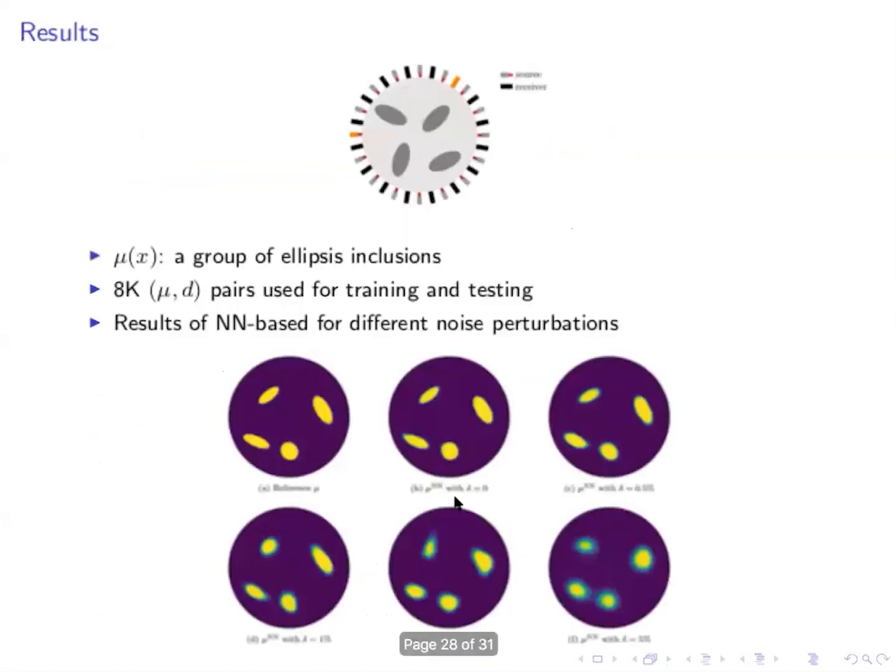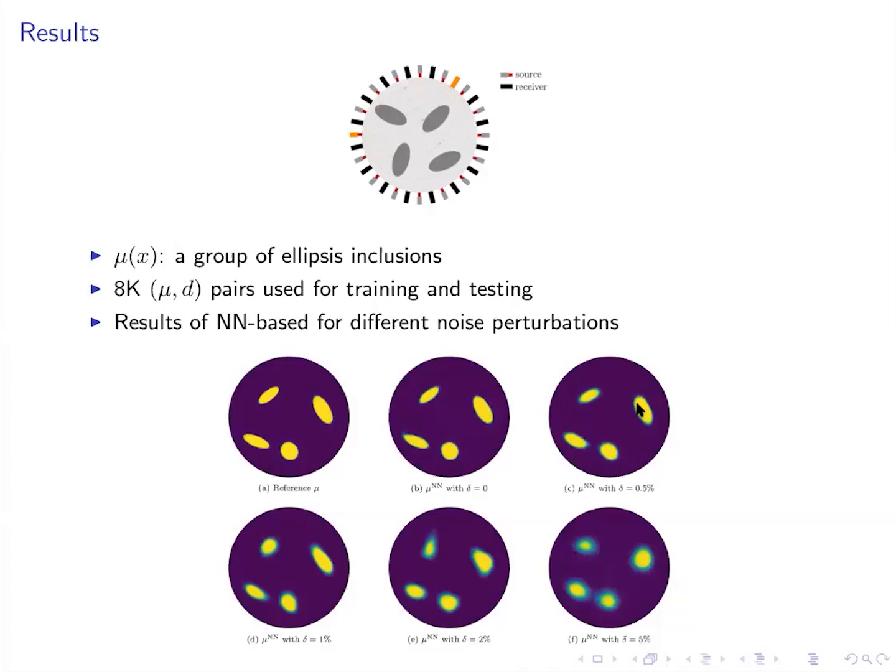So finally, let me show you the results. Again, this is the setup, and the mu inclusion in this case is a group of ellipses included in the domain. We train again with roughly 8,000 samples, and this is one result. This is the reference mu, and this is what the neural network recovers from the albedo operator when you have no noise.